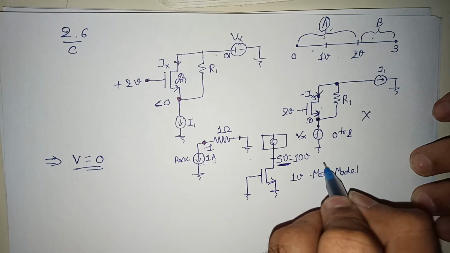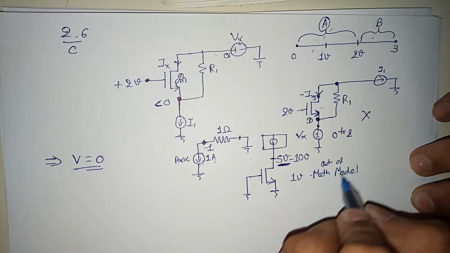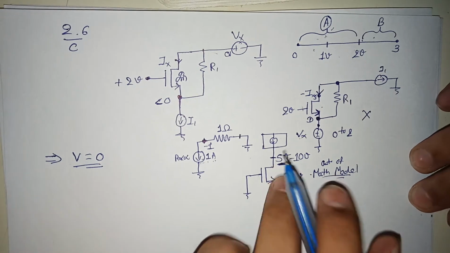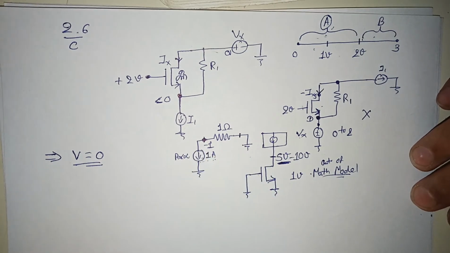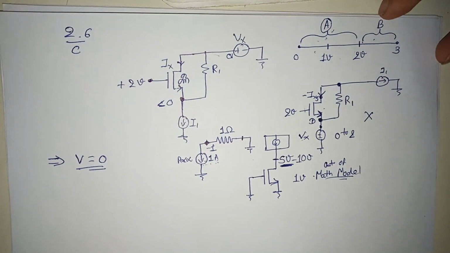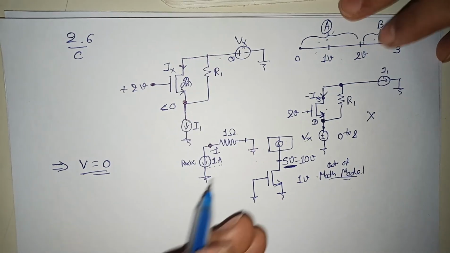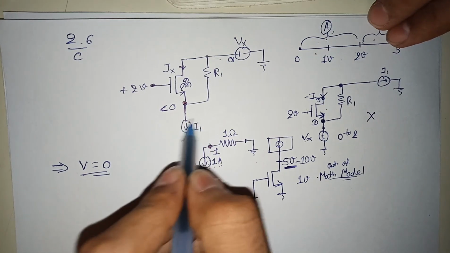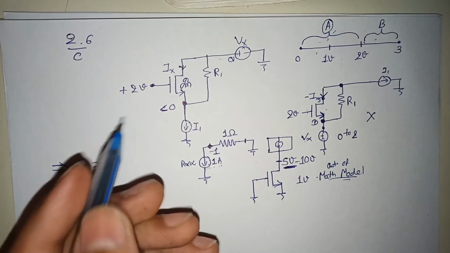The range is out of this model, right? It will do some extrapolation and give some fake result. So be aware of this ideal current source whenever you are dealing with it in your real design. This video will be somewhat longer. I am just making you aware of the ideal current source situation.